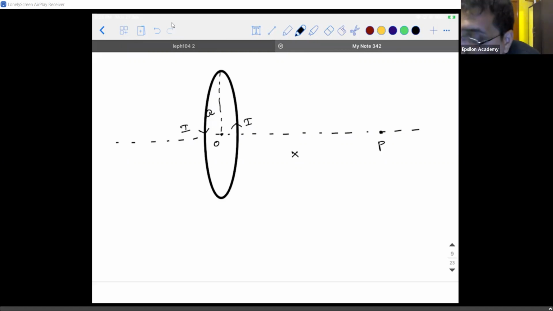I'm going to take a current carrying element at the top whose length is going to be dl.